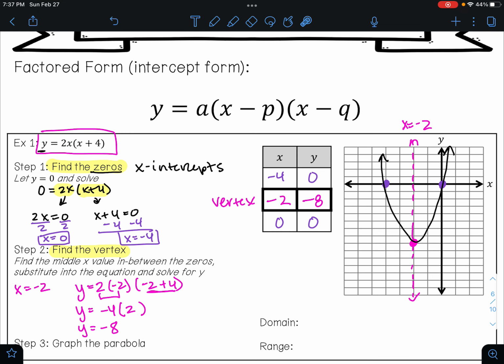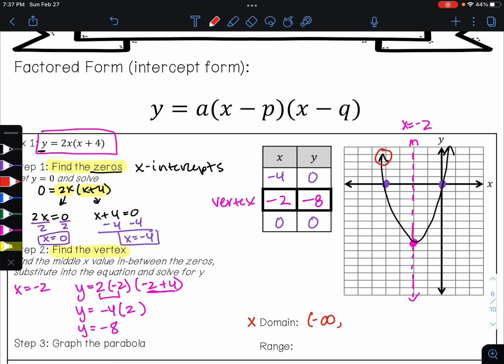The last thing they want us to find on example 1 is a domain and range. Remember, your domain are your x values from left to right. Our graph is going to the left forever, so that's going to negative infinity. Our graph is going to the right forever, so that's going to positive infinity. Another way of saying negative infinity to positive infinity is all real numbers.